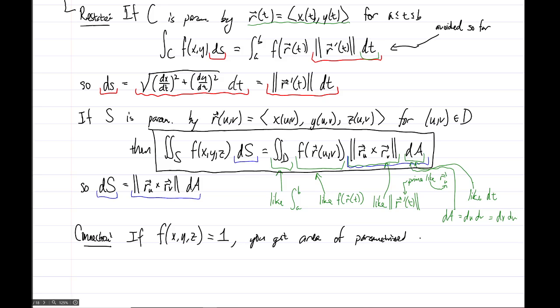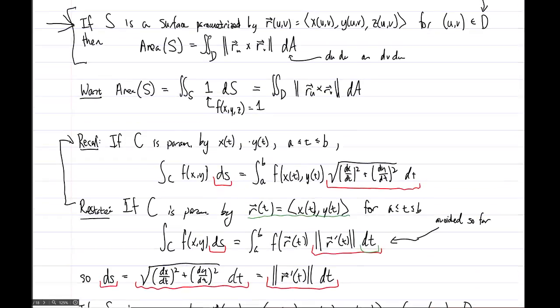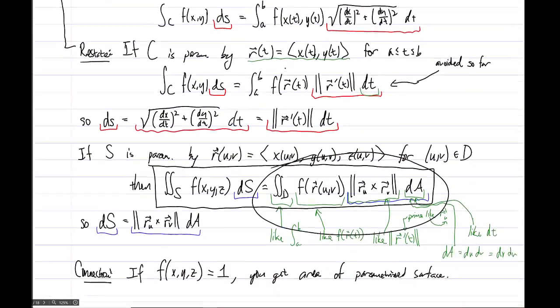And I hope you can already see that this works out, because f of r of u comma v, the composition, is just trying to say that you replace all the x, y, z's with the parameterization, but it's not going to matter if the outside function always outputs 1. So this thing you circled simplifies to 1 anyway, and we recover on the right side the integral that we talked about right at the beginning. So this really works.